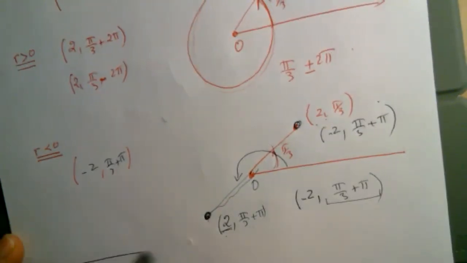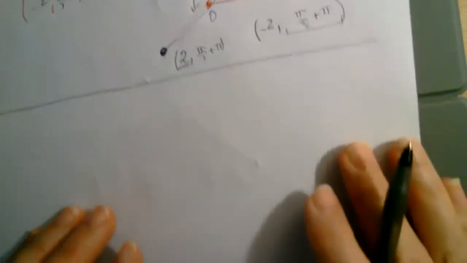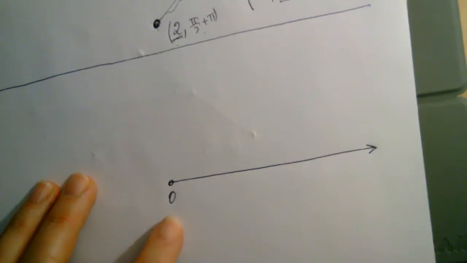Now, where are we at? So we have a point in a plane, and every point now has 2 sets of coordinates. They have Cartesian coordinates and they have polar coordinates. So let us say this is my polar axis, this is my origin.